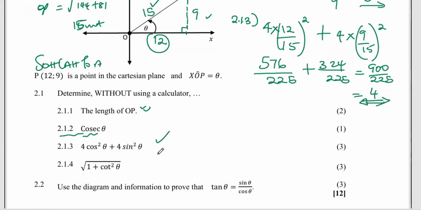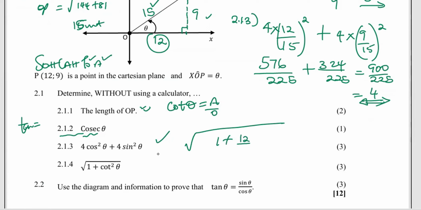And then 2.1.4, square root of 1 plus cot squared. So cot is the reciprocal of tan, and we know that tan is opposite over adjacent, meaning that our cot is going to be the adjacent over the opposite. So I'll say the square root of 1 plus the adjacent, which is 12, over the opposite, which is 9, and then we square this.